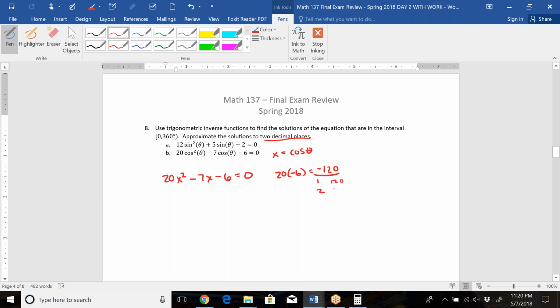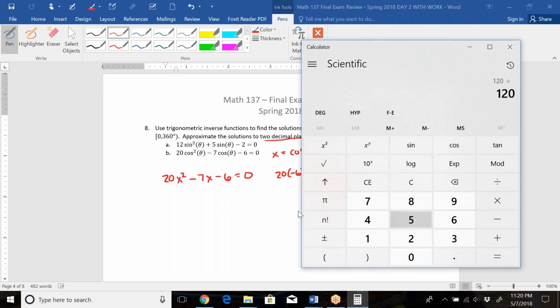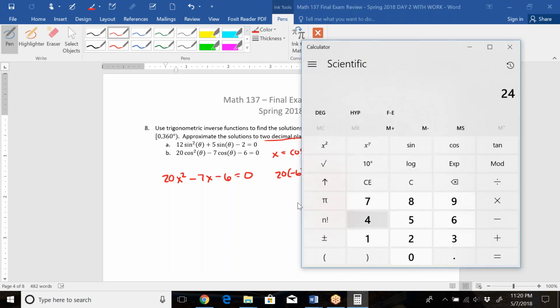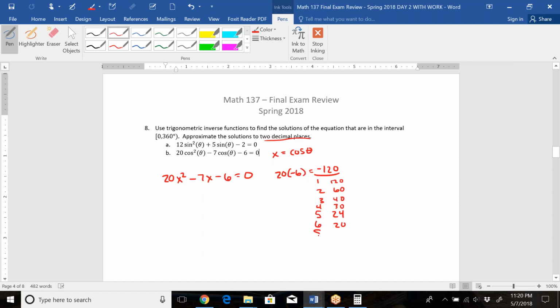So 1 and 120, 2 and 60, 3 and 40, 4 and 30, 5 and, let's see, 120 divided by 5 is 24. 6 and 20. 7 I don't believe goes, but we're going to double check. 8 and 15, and that looks like the pair we need, because if you have a positive 8 and a negative 15, that makes negative 7. So 20x squared plus 8x minus 15x minus 6 equals 0.